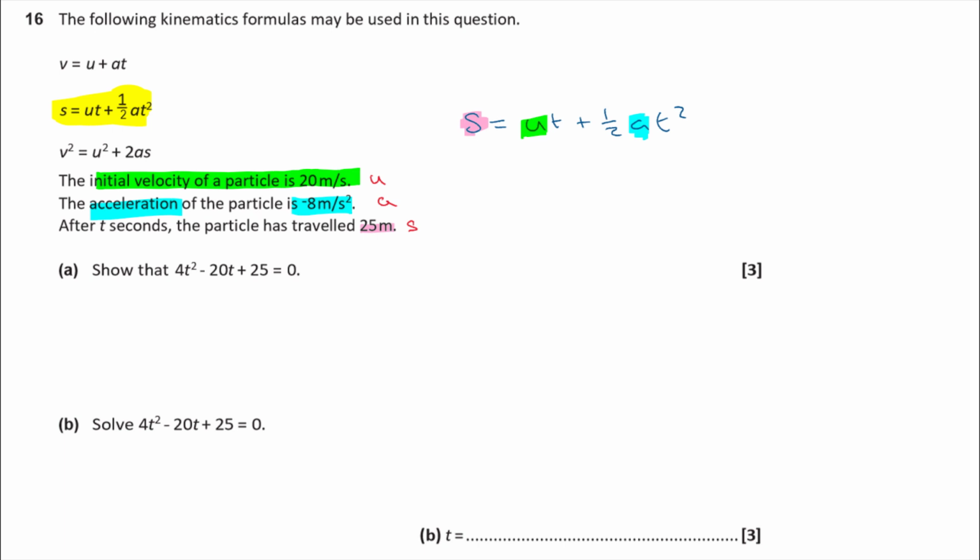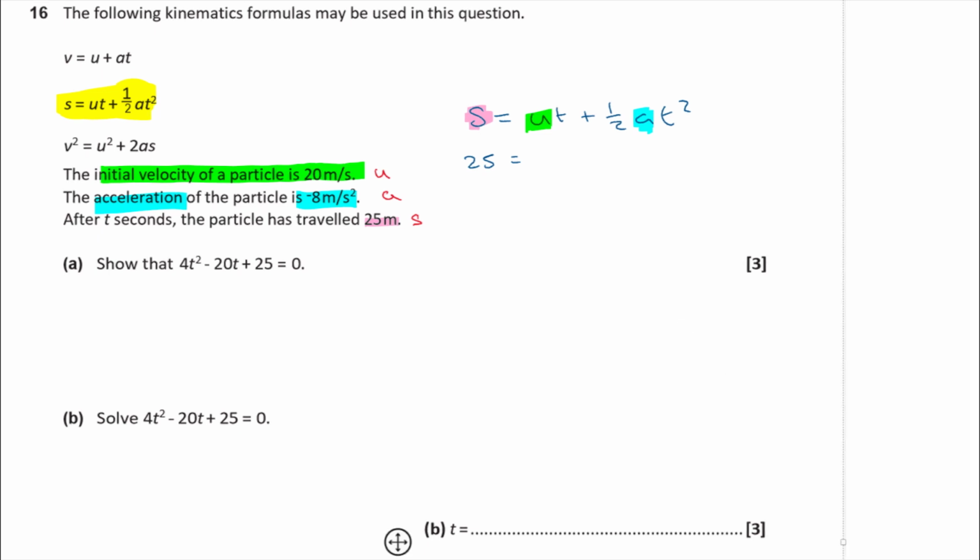So let's sub in what we know. 25 is equal to u, which is 20 lots of t, plus a half times minus 8 times t squared.